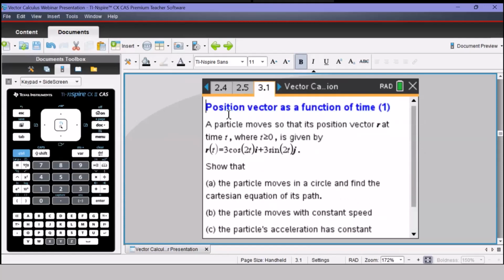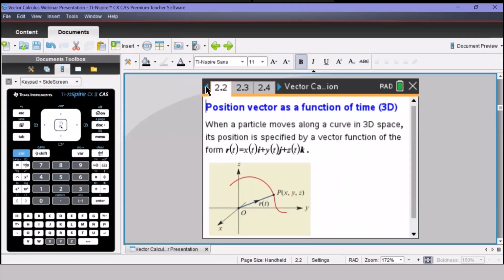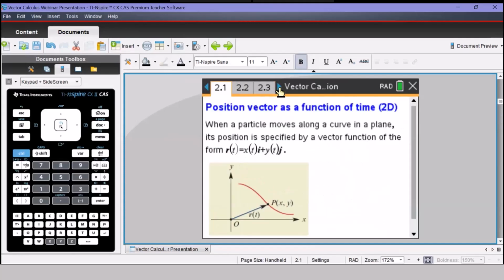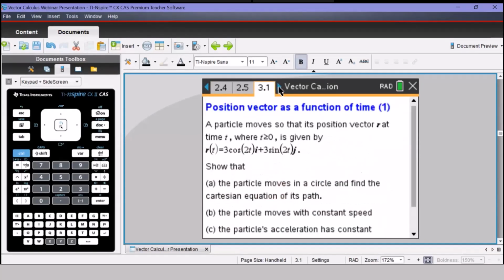I might say that so far, all these pages that you've been looking at, if I just scroll back through, are all notes pages. The notes application is one of the powerful applications within the suite of TI-Nspire applications.